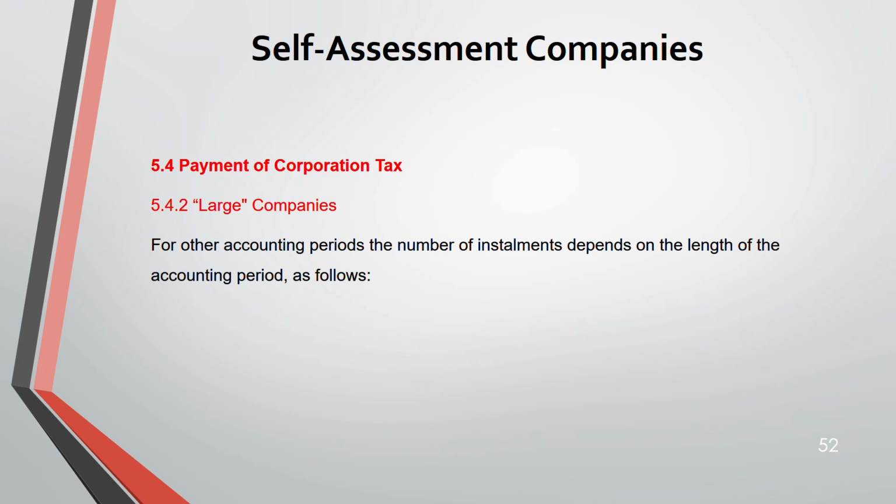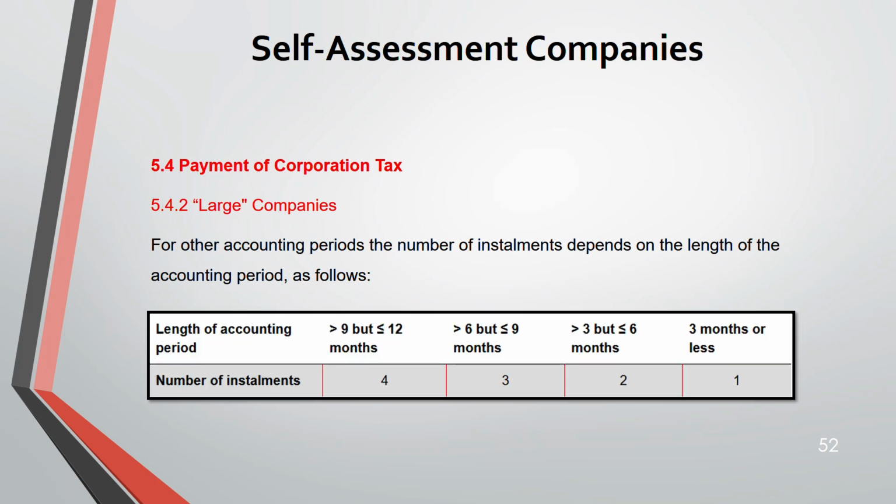Now, for other accounting periods, the number of installments depends on the length of your accounting period as follows. Remember, it depends on the length of your accounting period. If it's a 12-month period, you have 4 installments. But what if it's less than 12 months? If your accounting period is more than 9 months but less than 12 months, the number of installments is 4.